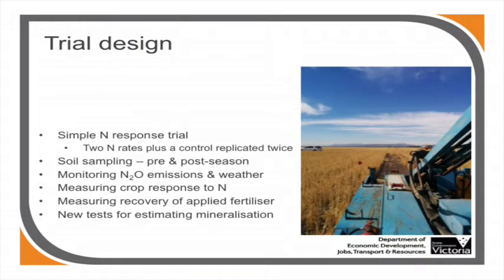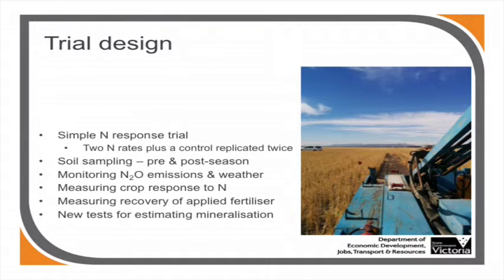Our trial design at each one of these sites is pretty simple. We've got 9 sites, so we can't have it too complicated. We've basically got a simple little nitrogen response trial at each site with 2 different nitrogen rates and a control. We soil sample pre and post season so that we know how much is there pre-seeding and also how much has been left behind at the end of the season.